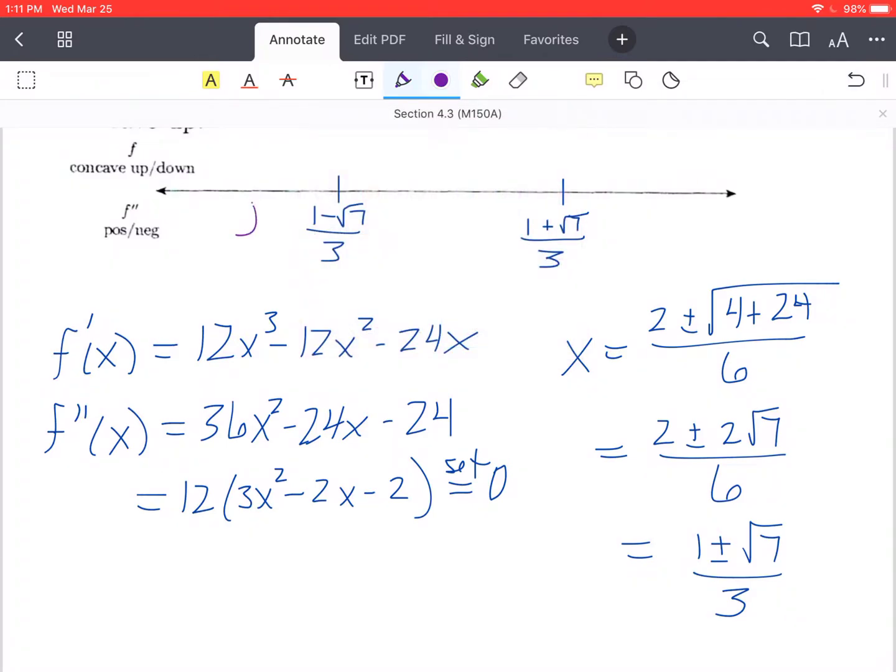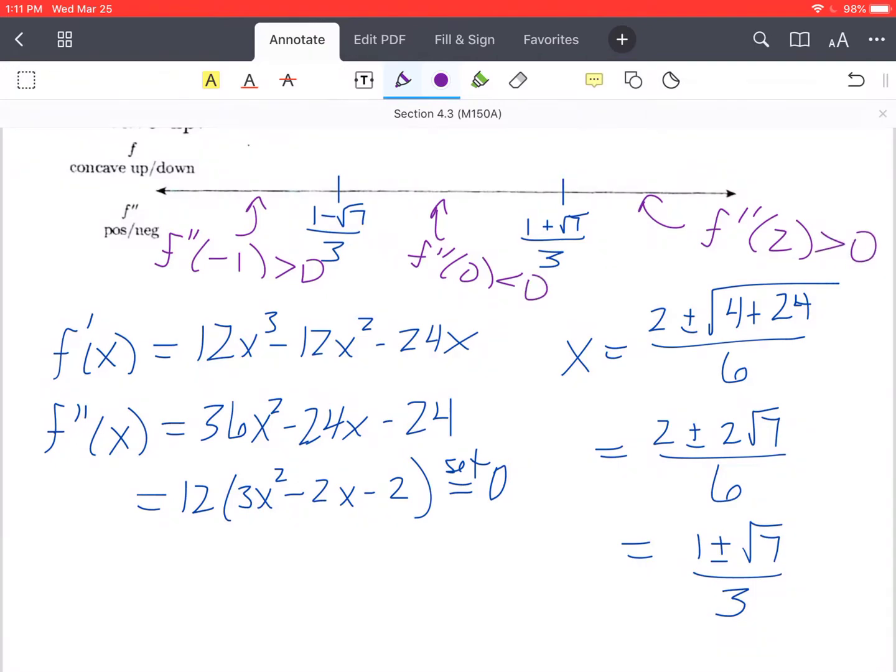I went ahead and checked f double prime of negative 1, f double prime of 0, and f double prime of 2. And it gave me a positive, a negative, and a positive. So we get concave up, concave down, concave up.